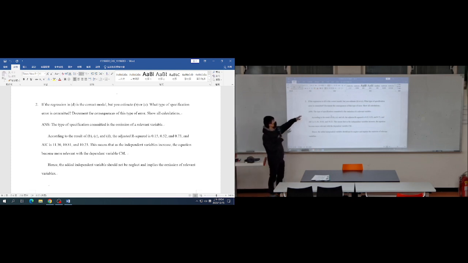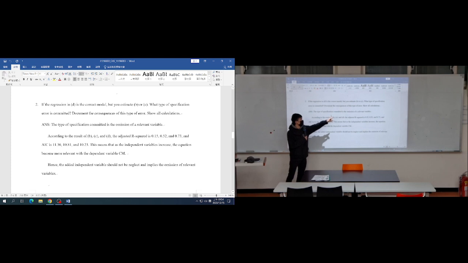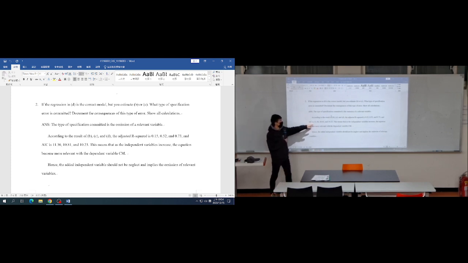So if the regression in D is the correct model, which has three independent variables, but you estimate only two or one independent variable, what type of specification error is committed? According to the results of B, C, and D, the criterion I use is adjusted R square, and AIC is gradually decreasing.